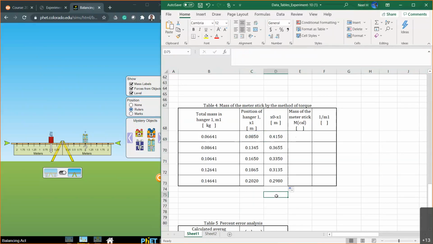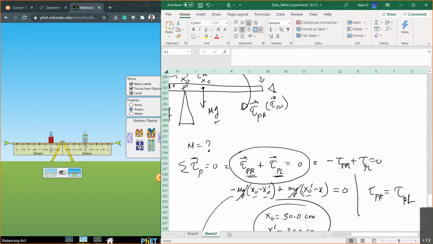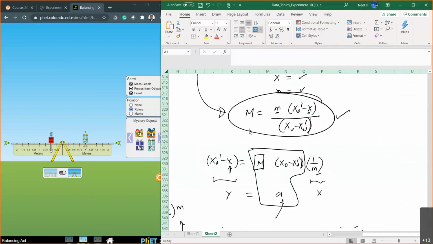It's going to be x0 minus x1. Then I can calculate the mass of the meter ruler before I do the graphing. The meter ruler mass is equal to mass times x0 prime minus x divided by x0 minus x0 prime, right?